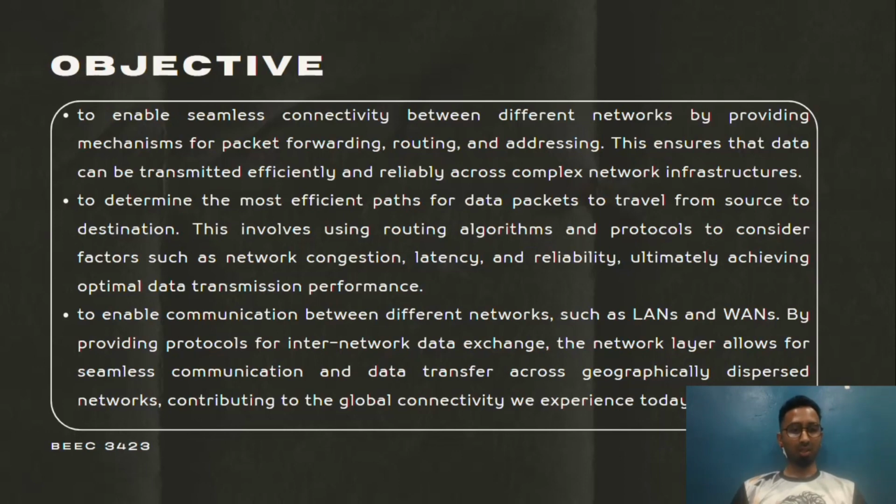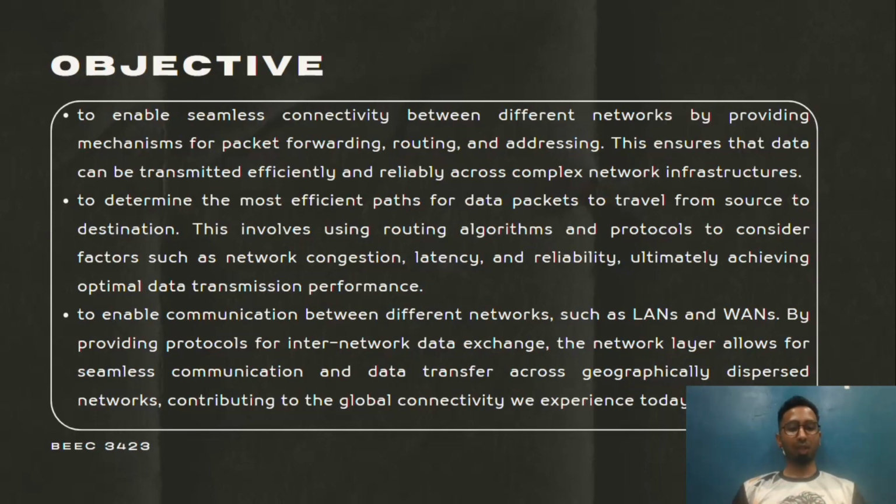And to determine the most efficient paths for data packets to travel from source to destination. This involves using routing algorithms and protocols to consider factors such as network constraints, latency, and reliability, ultimately achieving optimal data transmission performance.